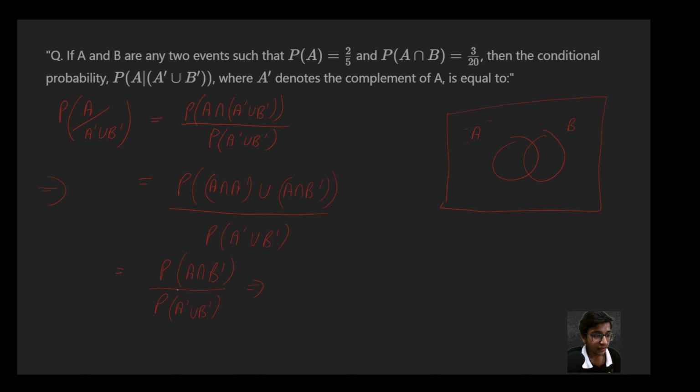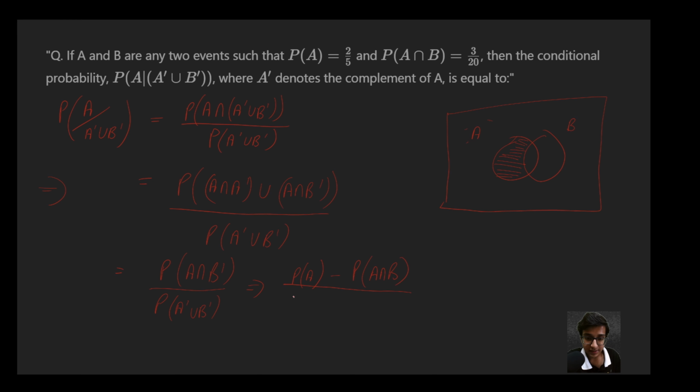So from here, what can we write this equation to be? P(A intersection B complement), so A intersection with B complement. What does that portion come out to be? It comes out to be only this portion. That means this can be written as P(A) minus P(A intersection B). And how can we write down P(A complement union B complement)?